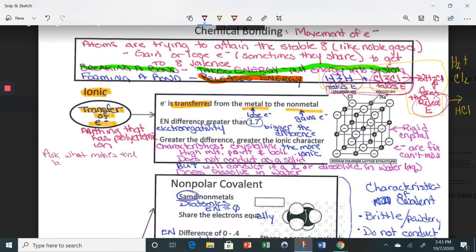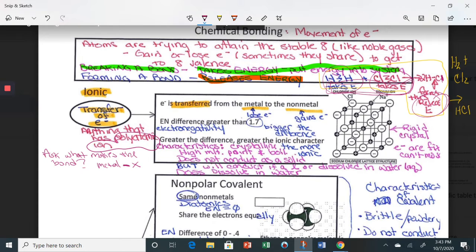If you see a metal with something else, attached to anything else, that has to be ionic. If you see a polyatomic ion, that has to be ionic. The electrons have to transfer.